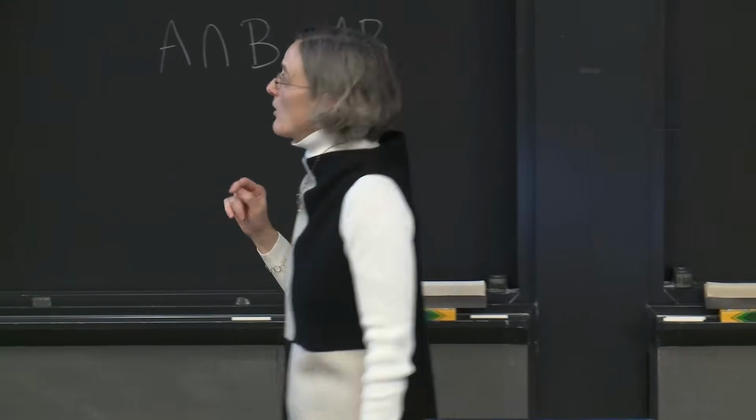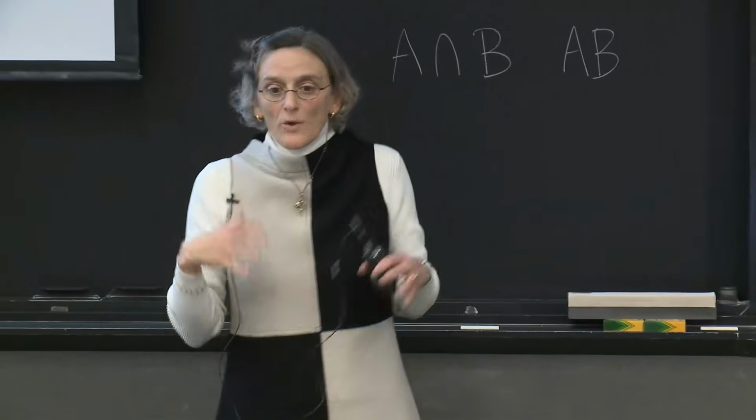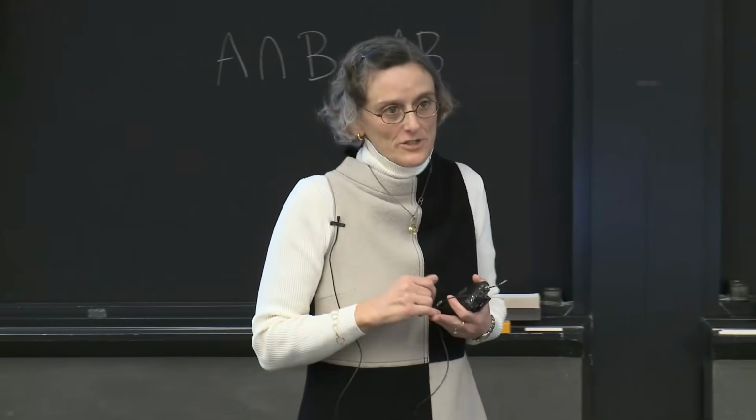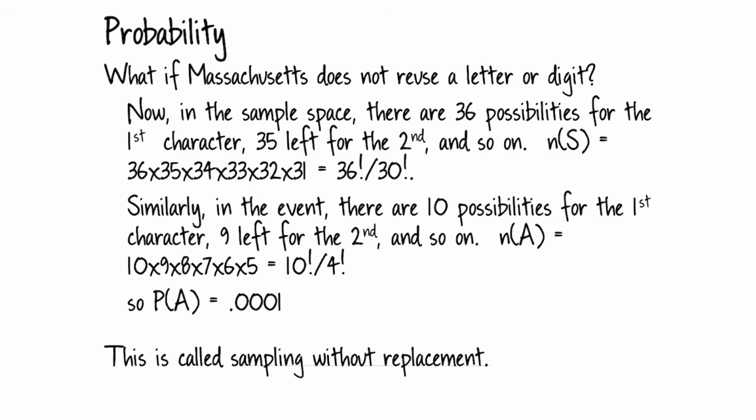What happens, however, if Massachusetts, in making the license plate, decided they didn't want to reuse a letter or a digit? Now, in this sample space, there are 36 possibilities for the first character, but they're not going to reuse whatever they use in the first character, so there's only 35 for the second character.